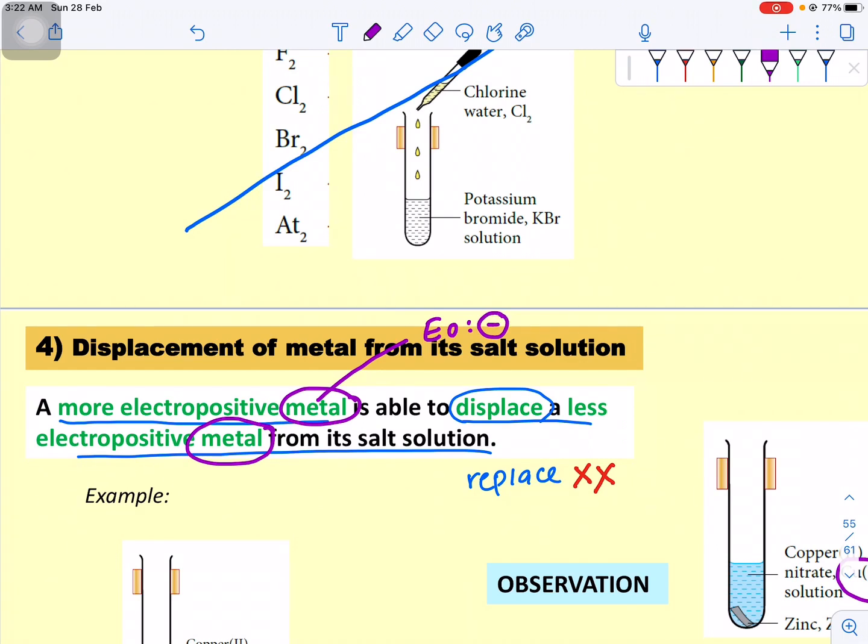E naught negatif. Dan dia akan berada pada lokasi yang lebih tinggi dalam electrochemical series. That's the concept. So, find the E naught. Okay, cari E naught yang negatif. Maka itulah dia metal yang lebih berkuasa, yang more electropositive. Apa dia mampu buat? Dia akan mampu menendang keluar. Okay, able to displace less electropositive metal from its salt solution. That is redox in this concept. Okay, thank you. Good luck.